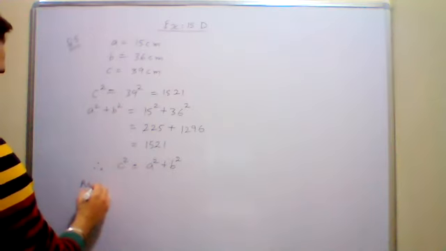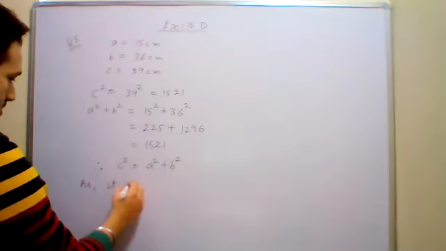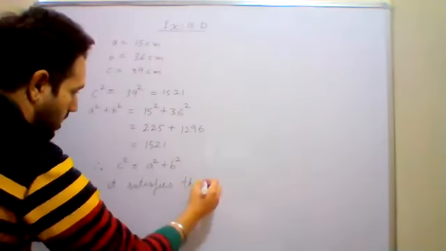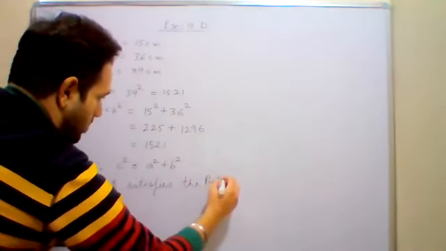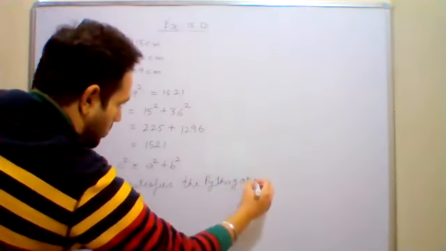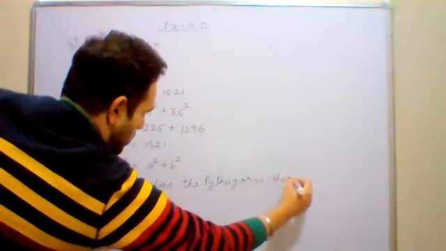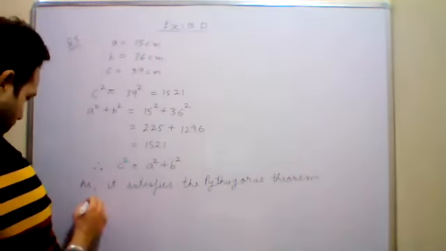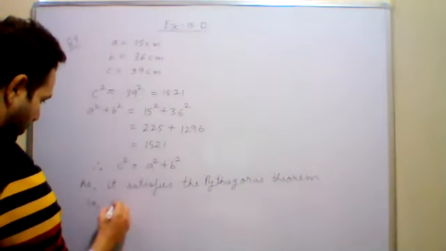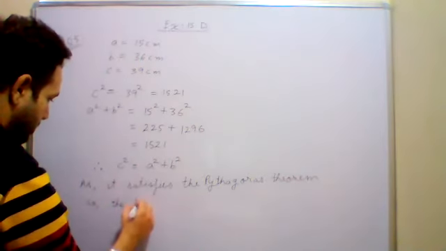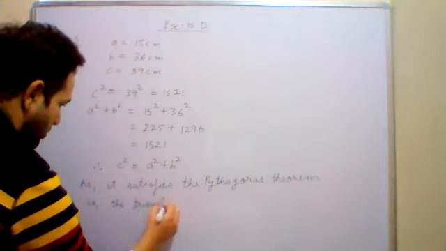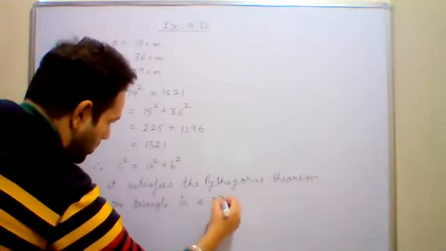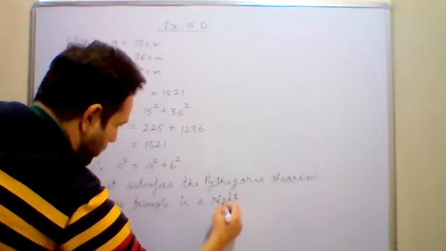As it satisfies the Pythagoras theorem, the triangle is a right triangle.